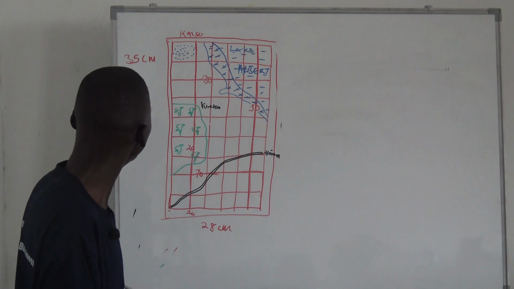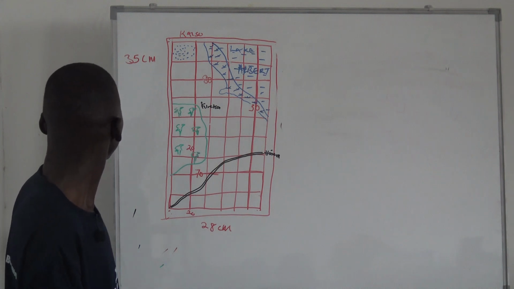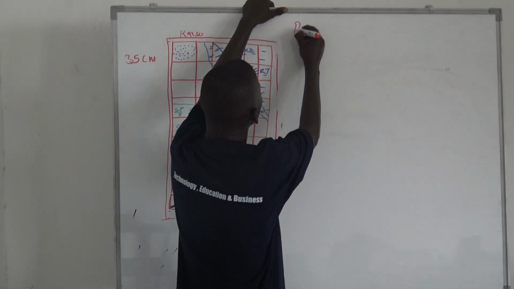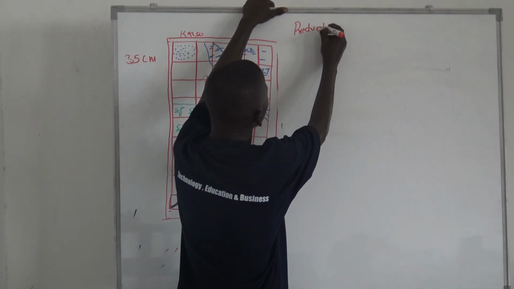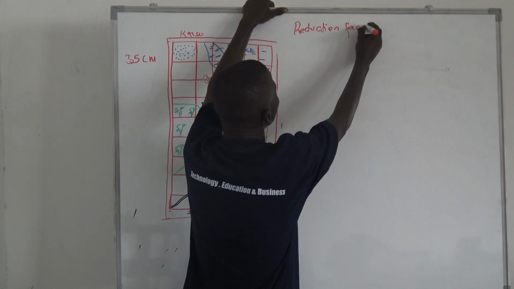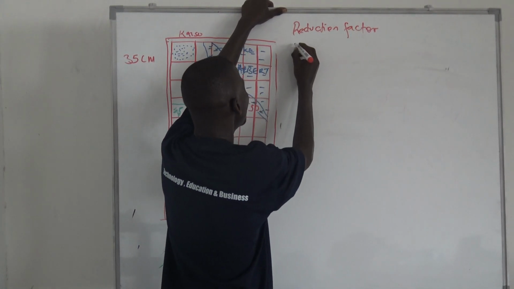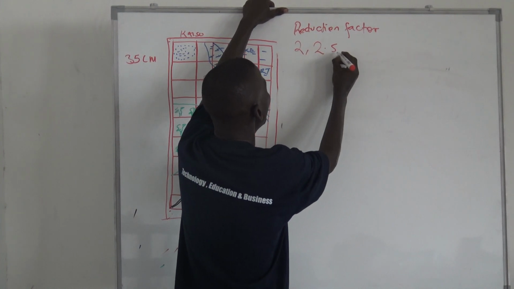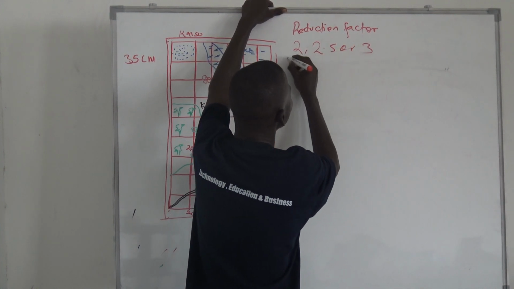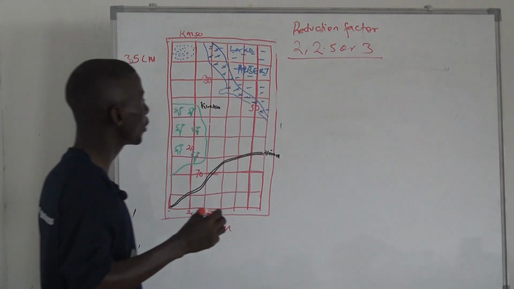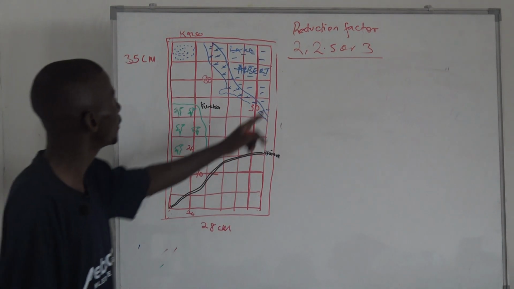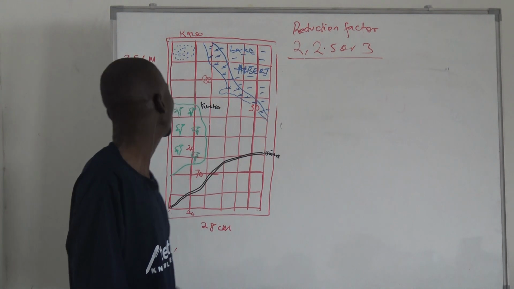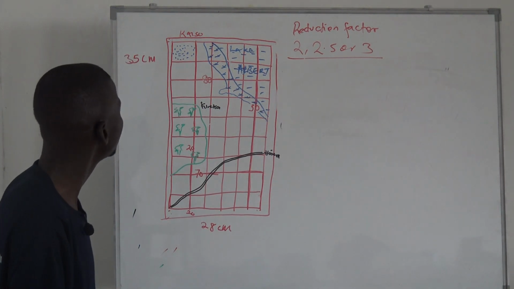Now 35 by 28, you get what we call a reduction factor. The reduction factor can be 2, 2.5 or 3. That is the standard number we can reduce the map with.